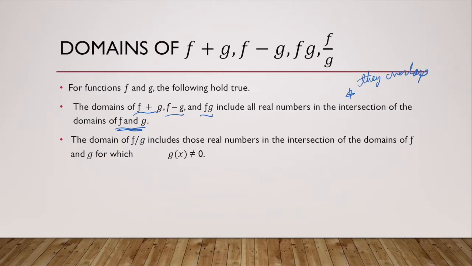The domain of f divided by g, or our quotient function, includes all those real numbers in the intersection of the domains. So we're still taking the intersection, but we've got to make sure our denominator never equals 0, right? This gives us a rational function. So we treat it like a rational function, which we have graphed before.